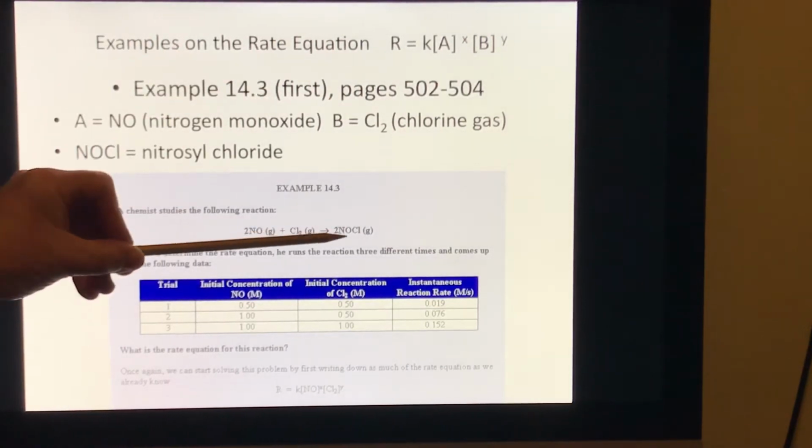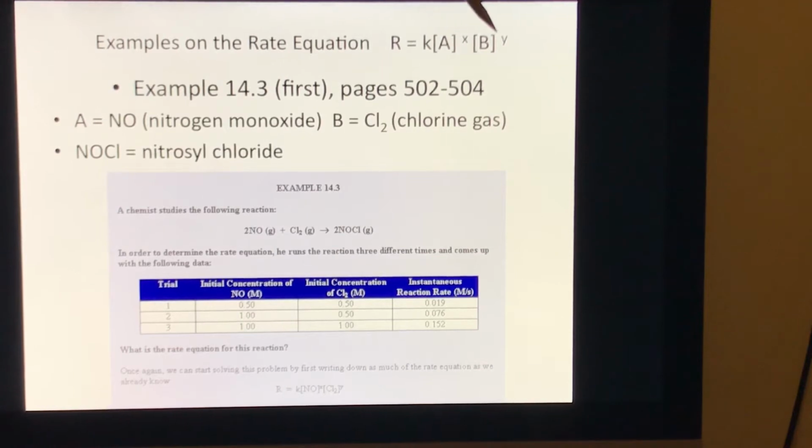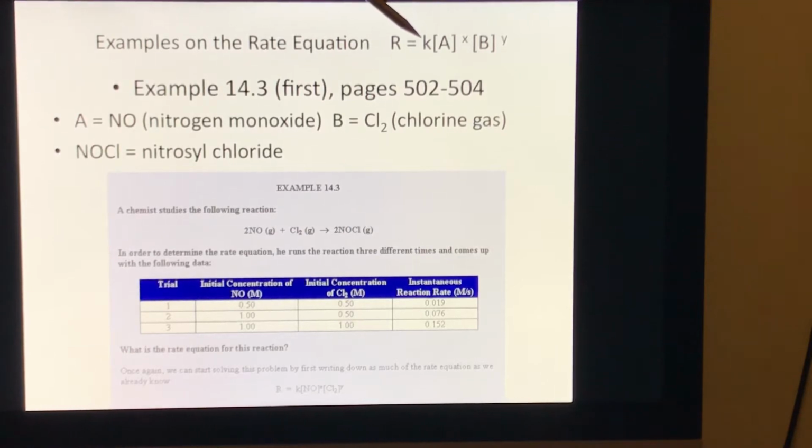And they combine to form this nitrosyl chloride. In order for us to determine the rate equation, we need to work with this formula and determine first the two exponents by analyzing the data here, and then we'll be solving for K and then plugging them back into the equation.